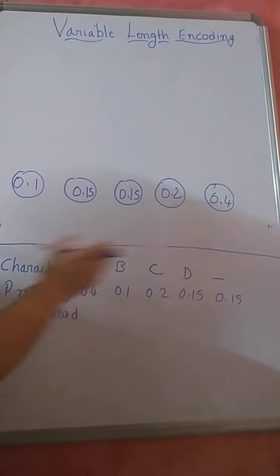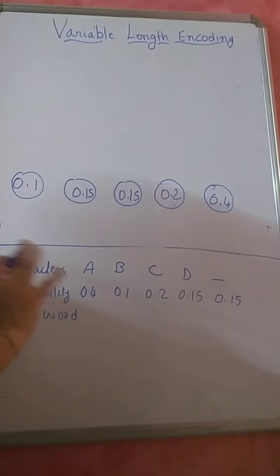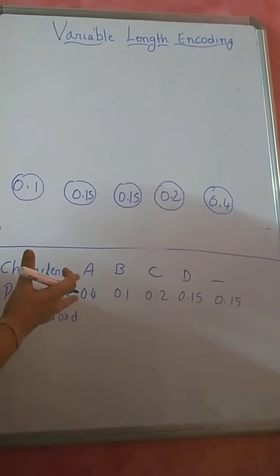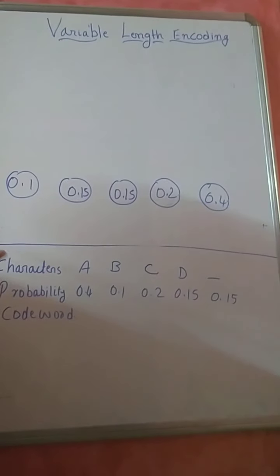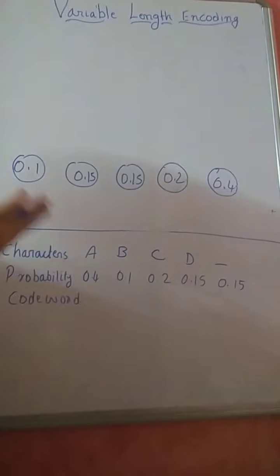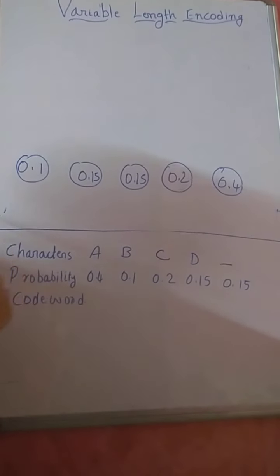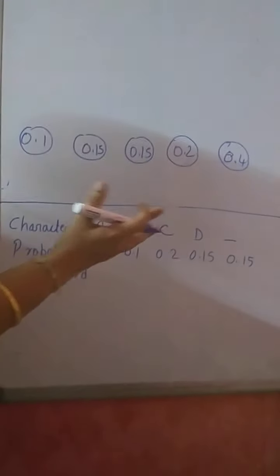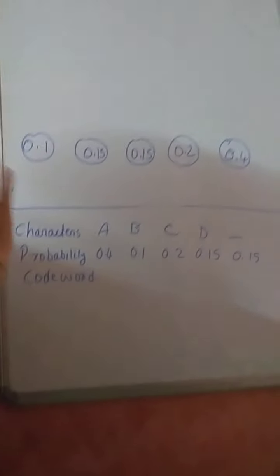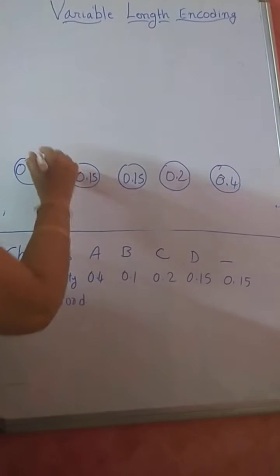Any order you can write. You may get a different tree also. You may get different code words also. I am not saying that all of you should have the same code words. It all depends on how you are considering your leaf nodes. So all of them may get different code words. Don't worry about that. Now these two are minimum.